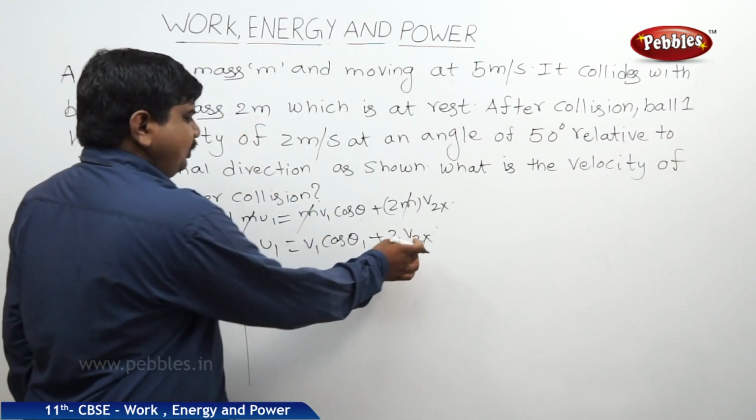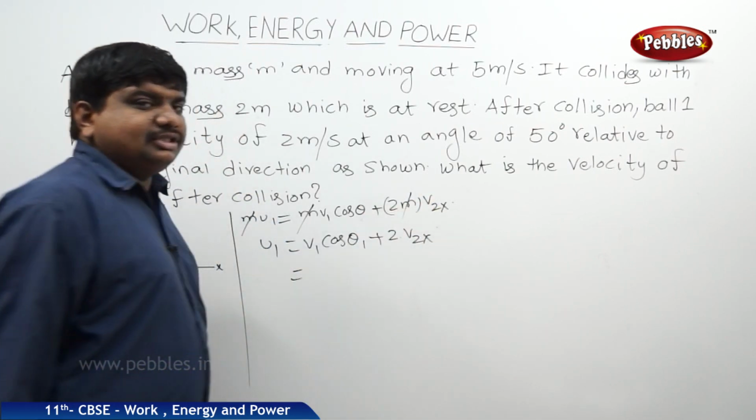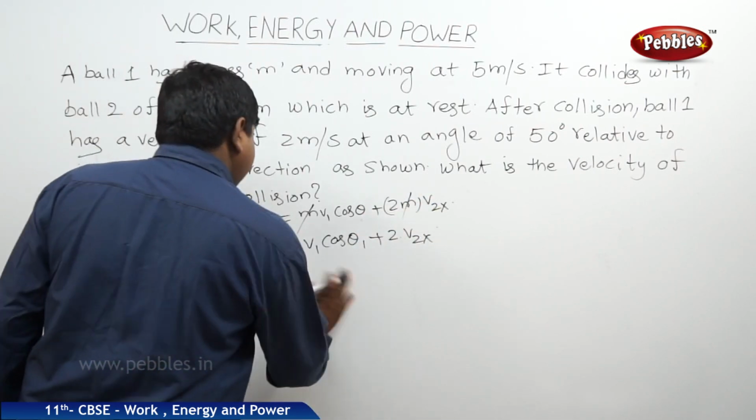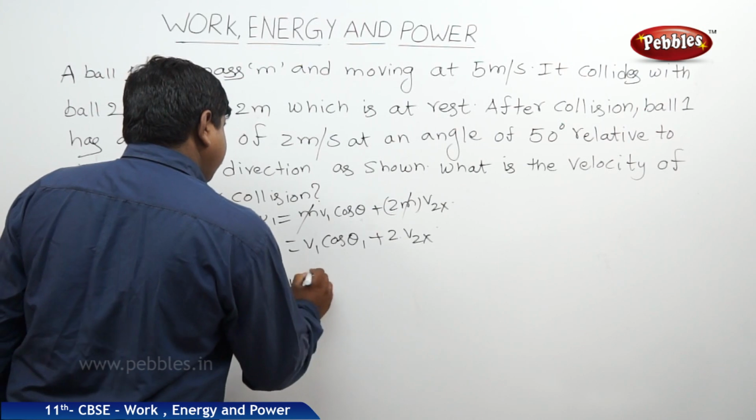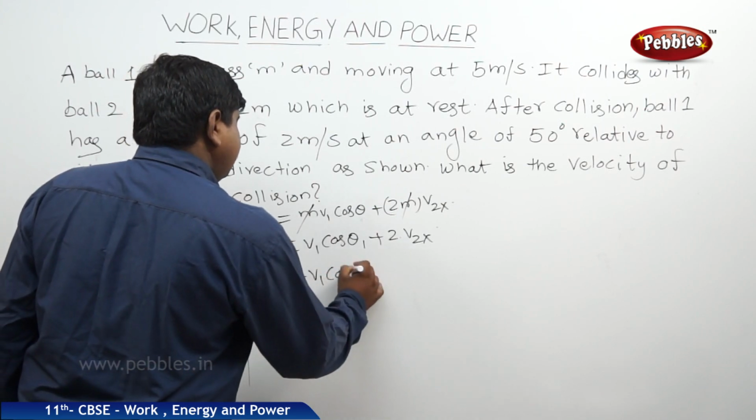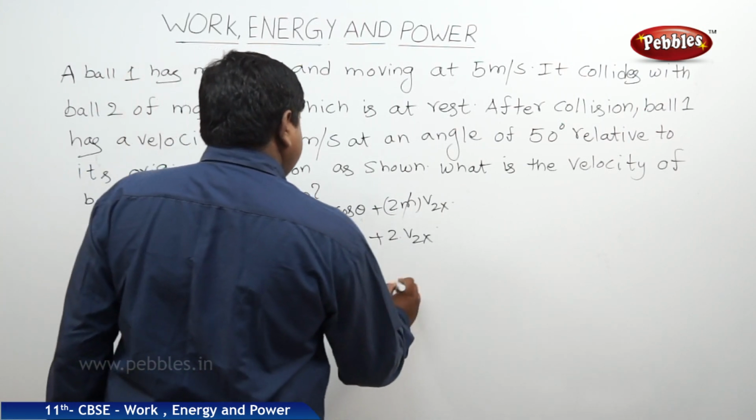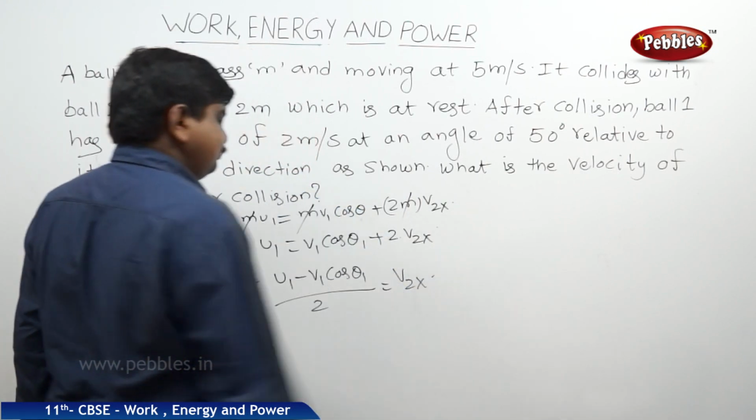We should find out the body's velocity along the x-axis after the collision. So, therefore, (u1 minus v1 cos theta 1) by 2 is equal to v2x.